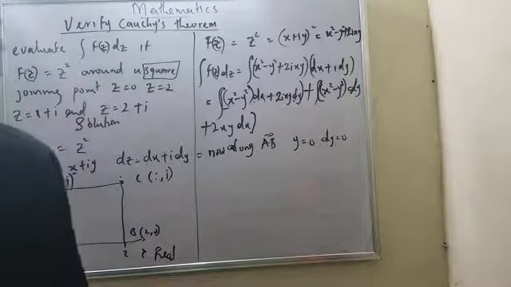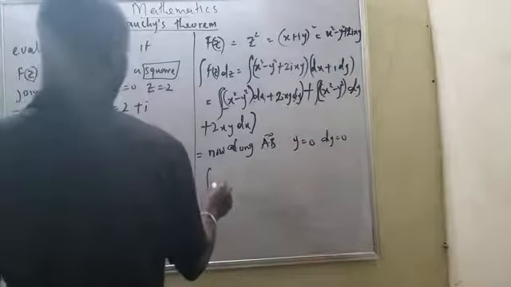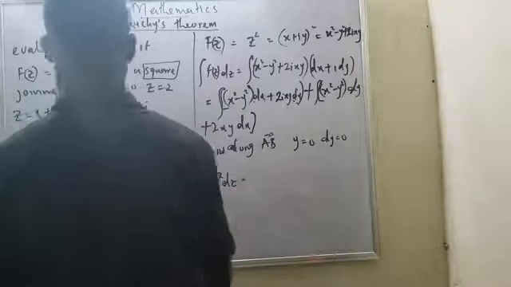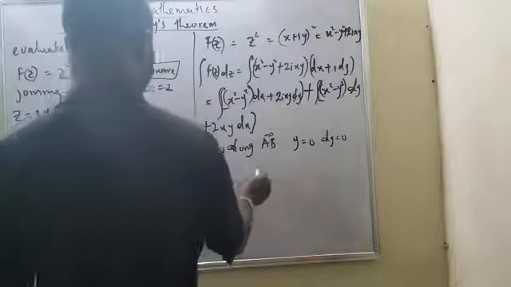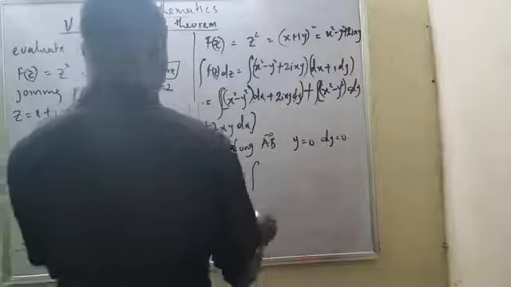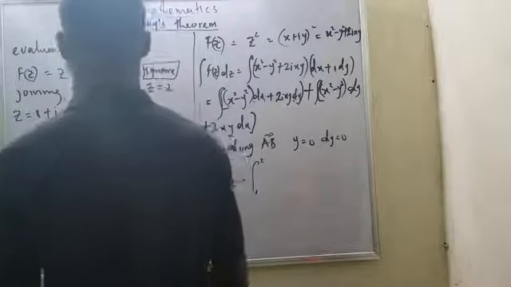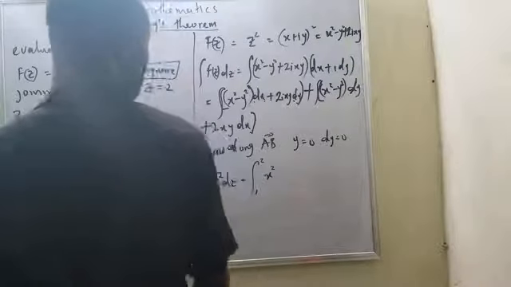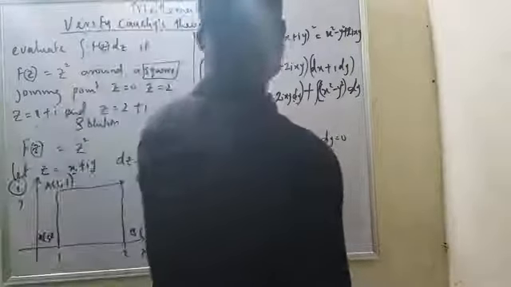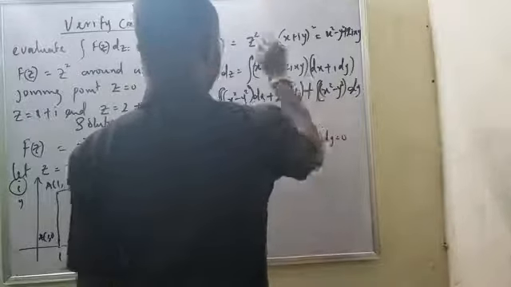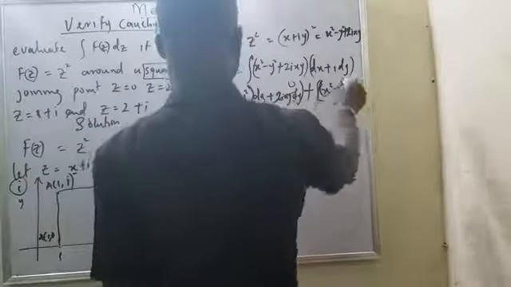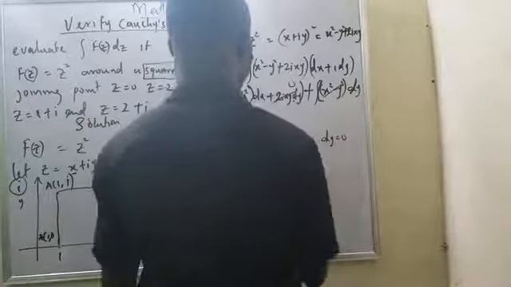Now since I know that, it means my integral of z squared dz will be equal to the integral from 1 to 2 of x squared. Any y is equal to 0, it means here will be 0, everything here will be 0.